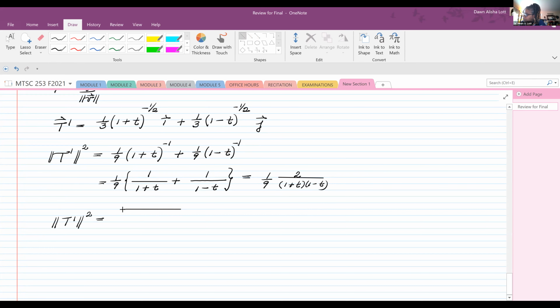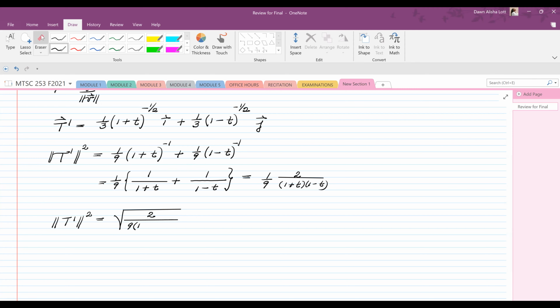So it'll be the square root of 2 over 9 times, oh, the 2, you can bring out the 1/3 if you want.